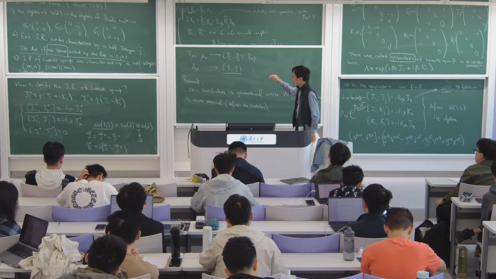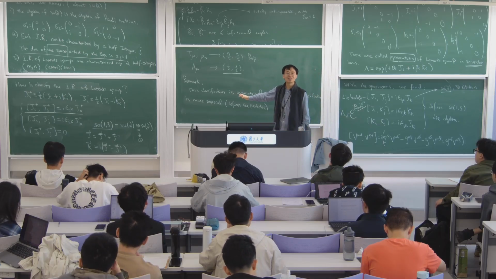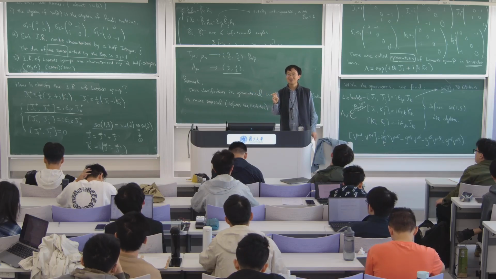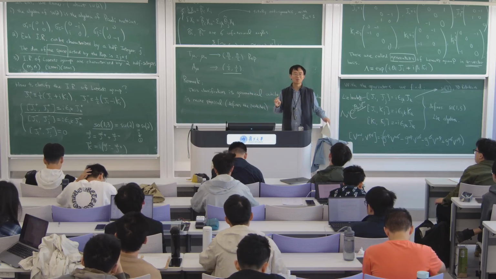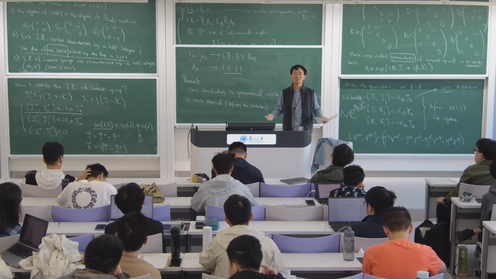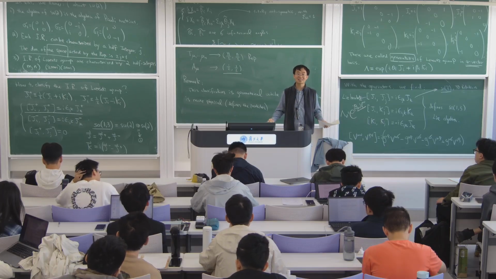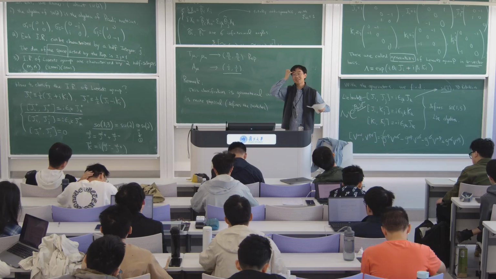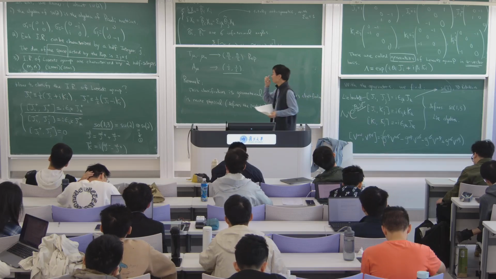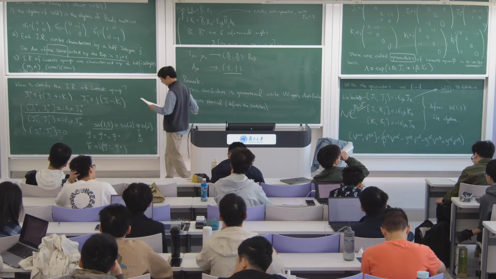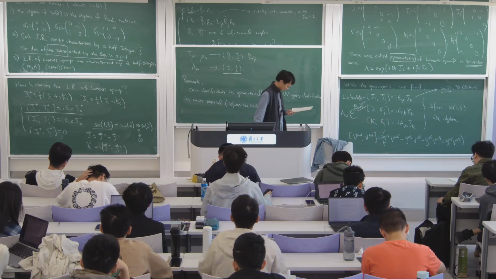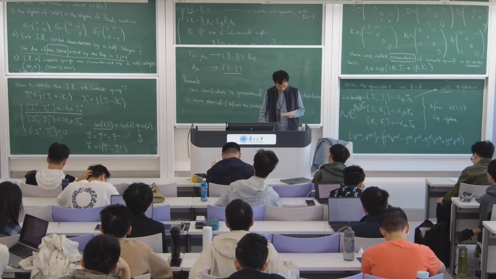But this classification doesn't touch that yet. It's only counting in the geometric way. Geometric means it has nothing to do with the physically realized state. It's just a geometric structure, just some tensor structure. So this is the important difference between this classification and Wigner's classification.